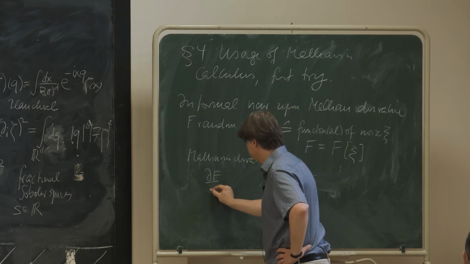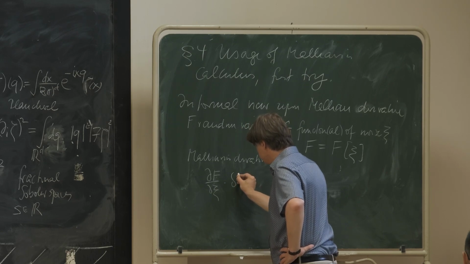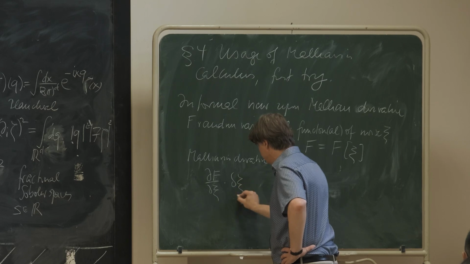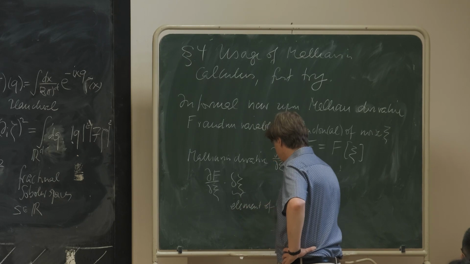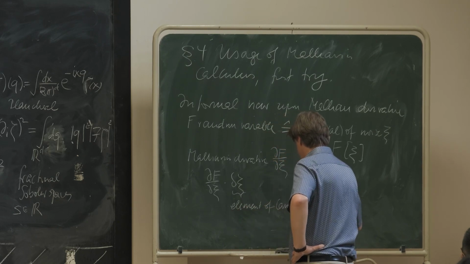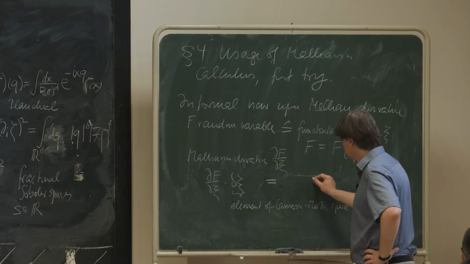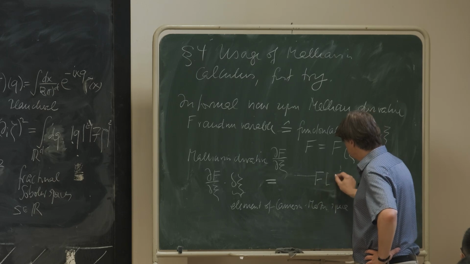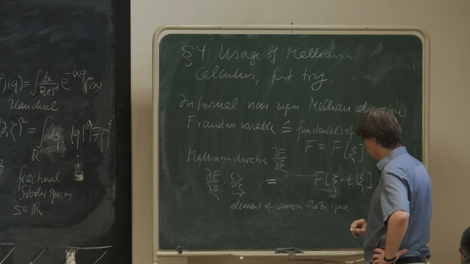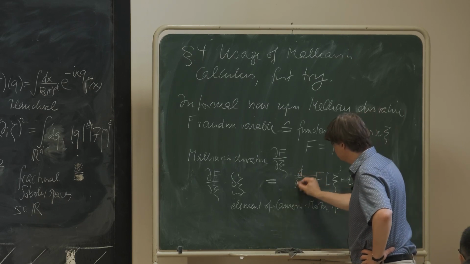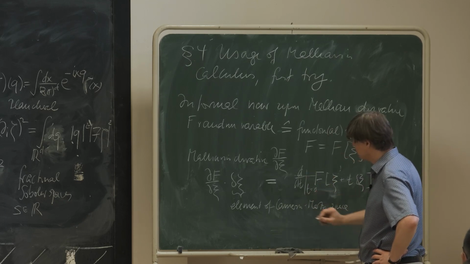If you consider it in direction of an element of the Cameron-Martin space, the good way to think about it is, you look at your functional, you perturb the noise infinitesimally in this direction del psi, and then you take the derivative with respect to your t parameter, and then you evaluate at 0.